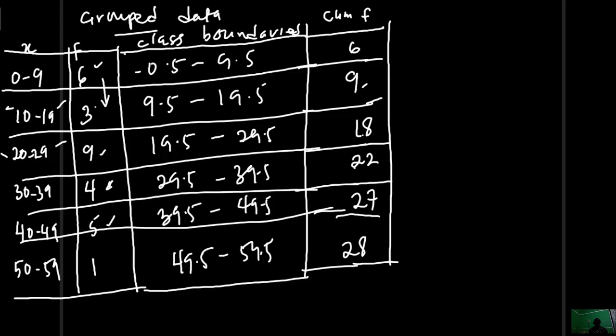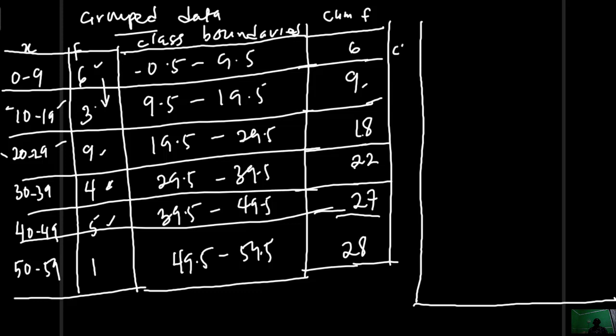So let's squeeze our graph here. You have vertical and horizontal axes. As usual, write cumulative frequency on the vertical, and here you write max. You can write upper class boundary.